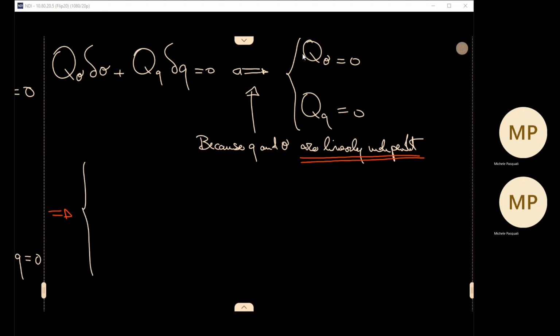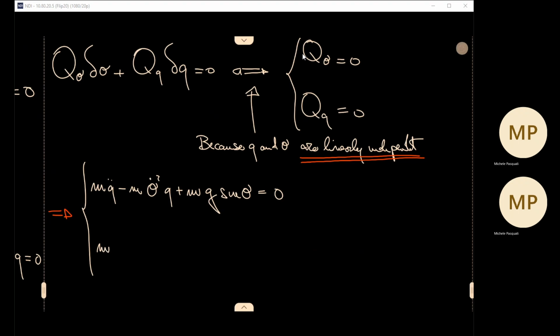we have the two equations. That's to say that M times Q minus M delta dot squared Q plus M G sinus of theta equals 0.